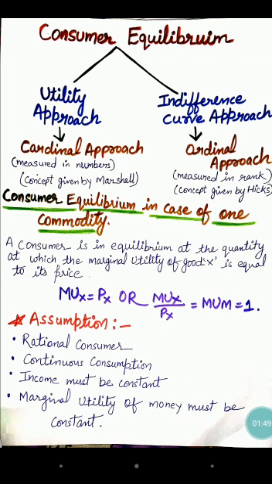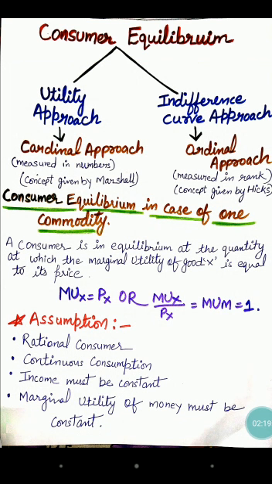Now, moving further, this consumer equilibrium has two cases: in case of one commodity and in case of two commodities. And two approaches are here: utility approach and indifference curve approach.